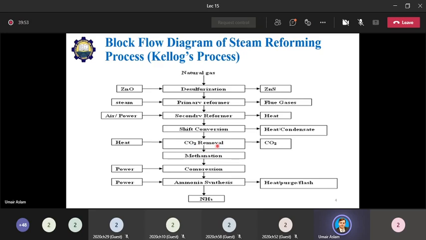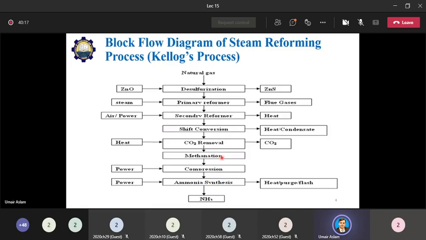In CO2 removal, we remove all the CO2, and in the methanation step, the minute amounts of CO and CO2 which we were unable to remove are converted into methane. Why are we converting CO and CO2 into methane? Because methane has no adverse effect on the catalyst which is used in the ammonia synthesis step.